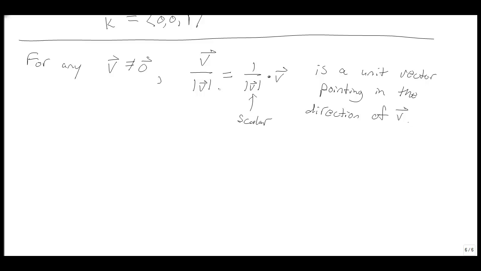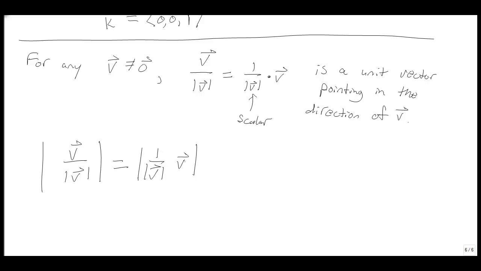And really the idea here is, can you convince yourself that v over magnitude v is a unit vector? Well, if I do the magnitude of v over the magnitude of v, now there's some rules with magnitudes, but I'm going to split this up, 1 over the magnitude of v times v.